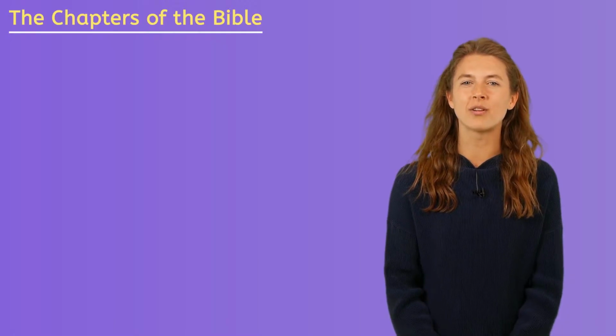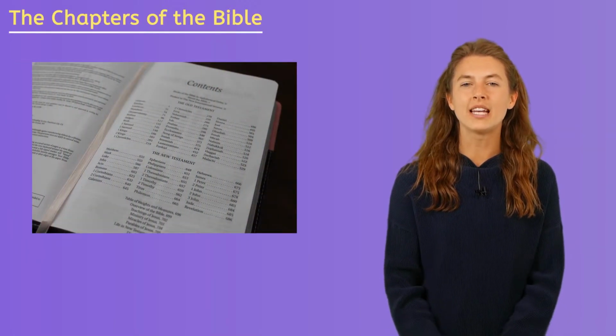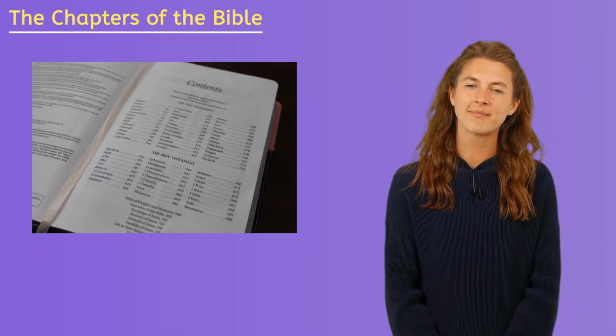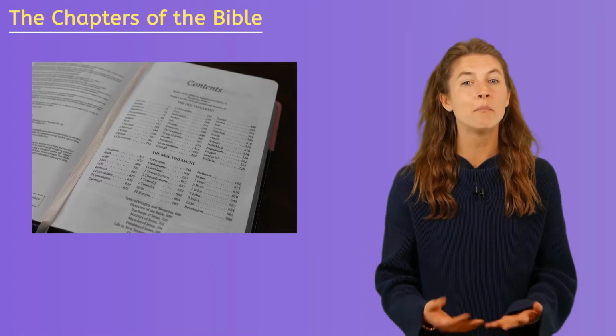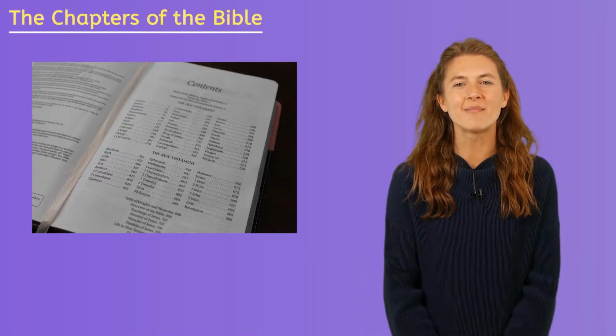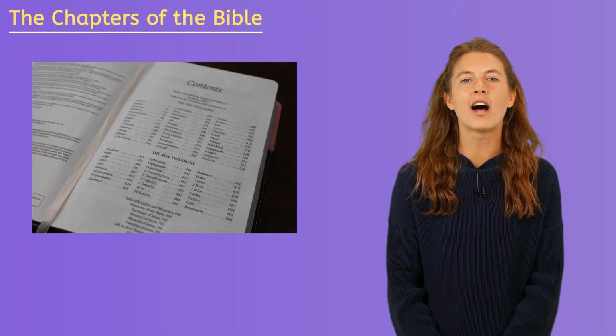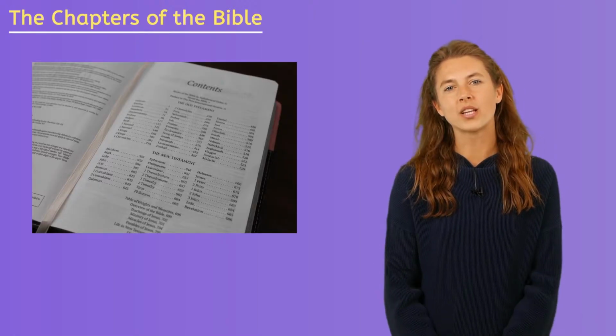A simple way to find any of the books is by using the table of contents found at the beginning of your Bible. But some people just like to flip because they know the order of the books so well, they can easily locate the book they want.